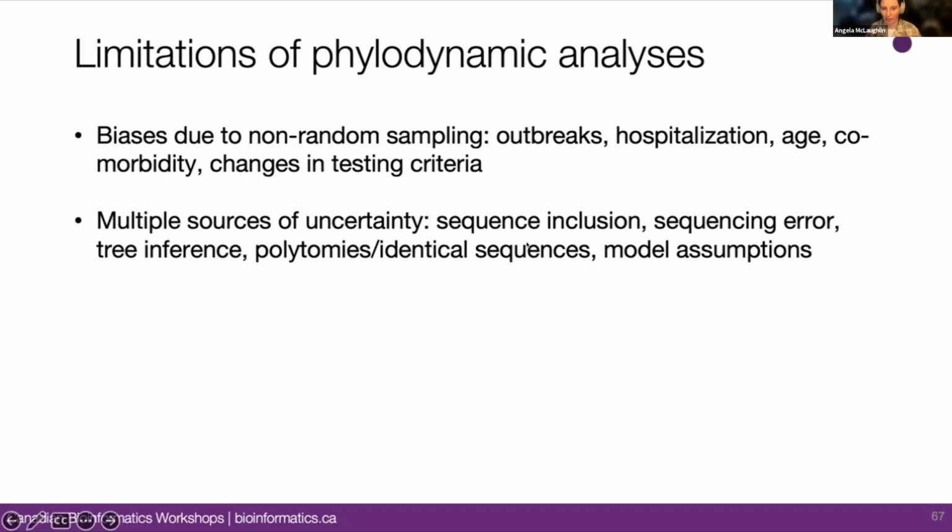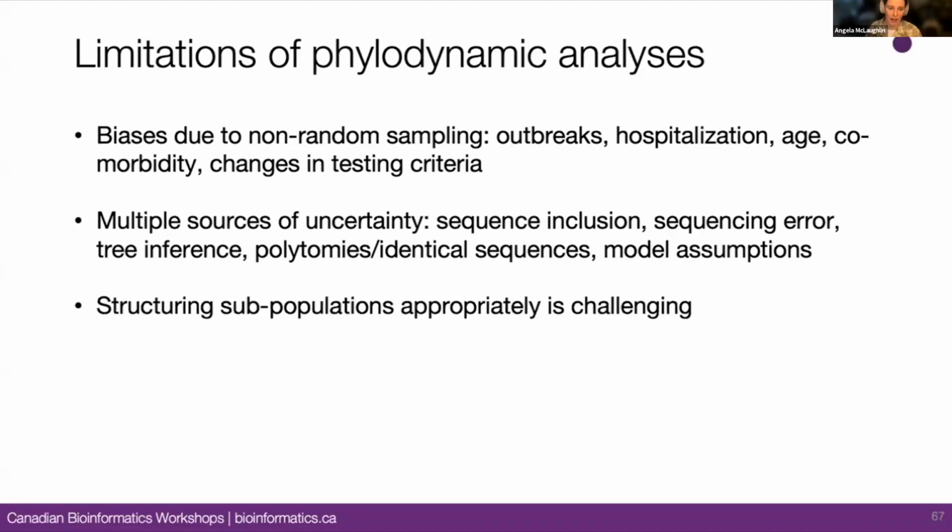We also sometimes have identical sequences that result in polytomies where instead of having a bifurcating tree, you have a giant branch with a bunch of sequences connected with no mutations, and the model assumptions that we impose. For instance, both the coalescent and birth-death model assume that mutations are neutral. So keep that in mind.